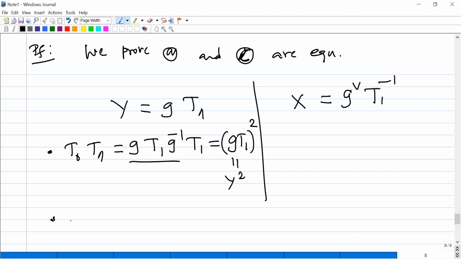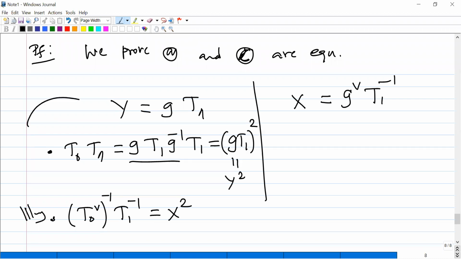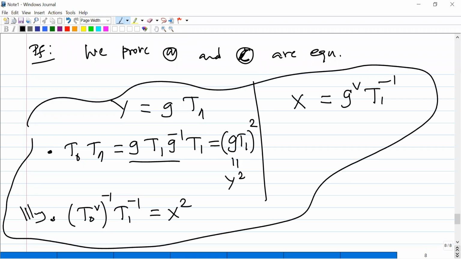Similarly, you can see that T naught check inverse T1 inverse will be X square. This is just an aside; I have just written down some relations. But this is the dictionary: you go from these generators GT1 to Y like this, and then to X like this.